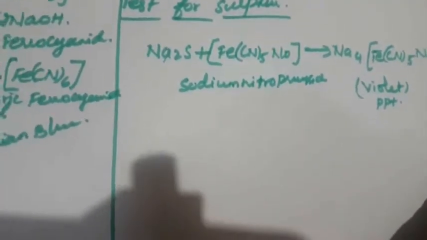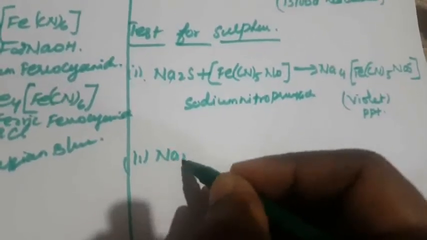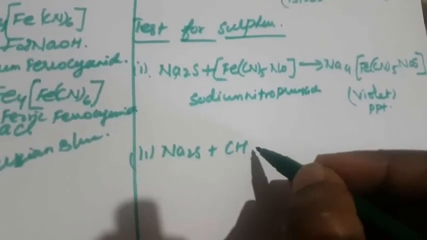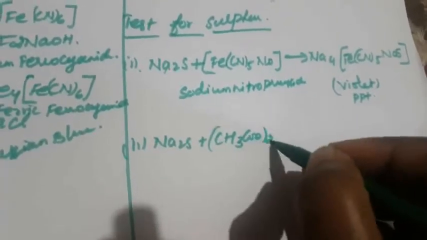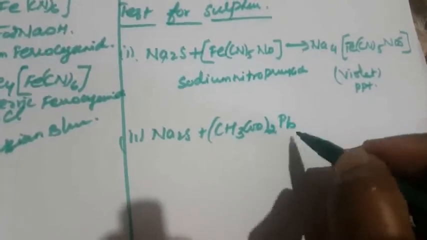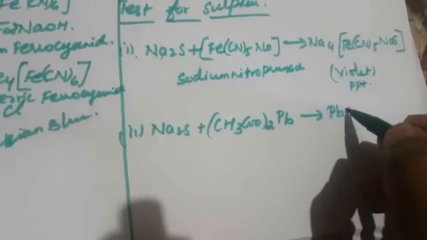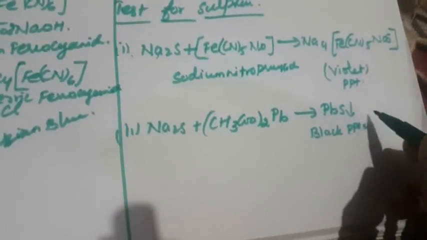Another portion of the lassaigne extract with acetic acid. This is the first test; another test we add acetic acid. Sodium sulfide plus acetic acid, then lead acetate solution, (CH3COO)2Pb. This forms the black precipitate, lead sulfide.